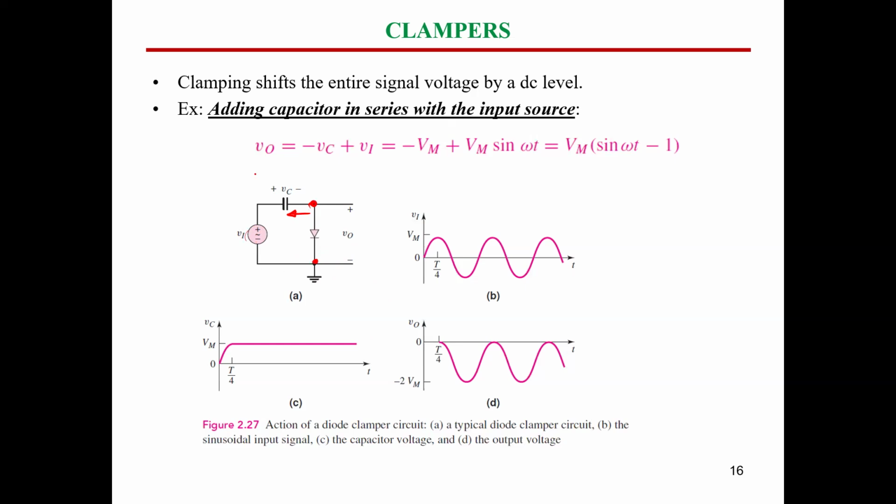So we can say vout equals minus vC plus vi. As you know, guys, in instantaneous waveforms, we represent the instantaneous by small letters like that, and the capital letters represent the average or RMS values.